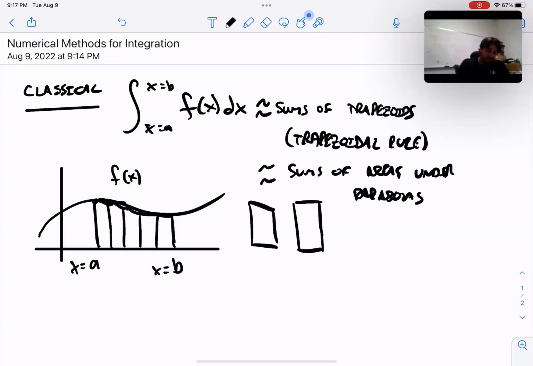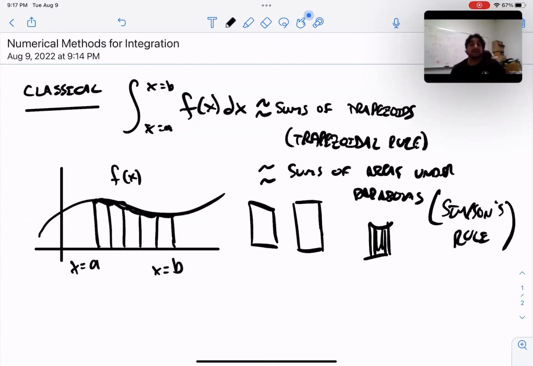Maybe I could do little arcs of parabolas along the tops there, right? So maybe instead I do figures that look like this. I have a little arc of a parabola up top, and then it looks like a rectangle below that, and maybe I could calculate those areas. That's another popular one. This is called Simpson's rule. Sometimes you'll see that as a way to get a numerical approximation for an integral.